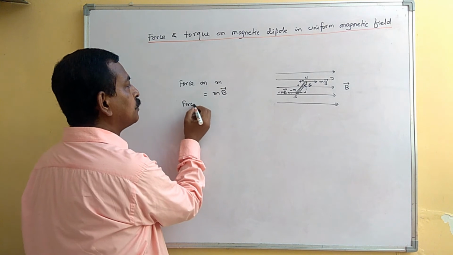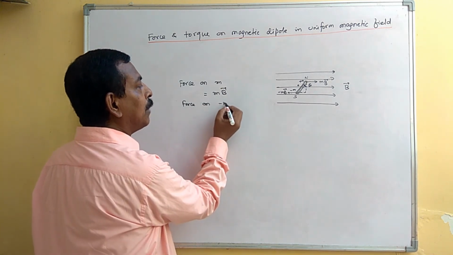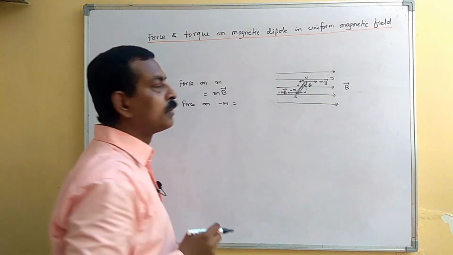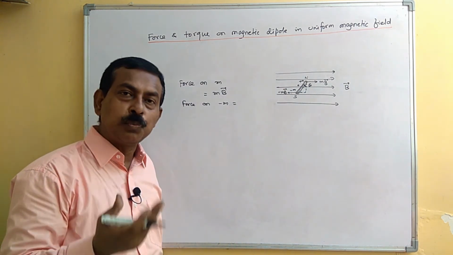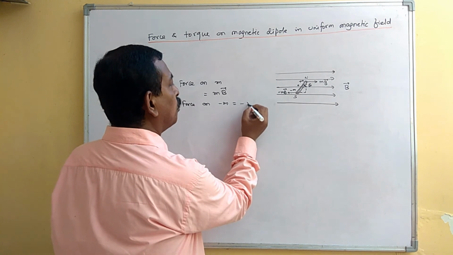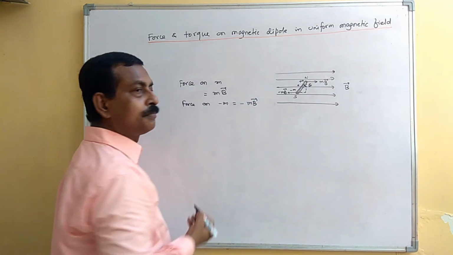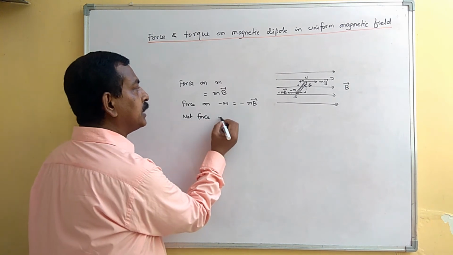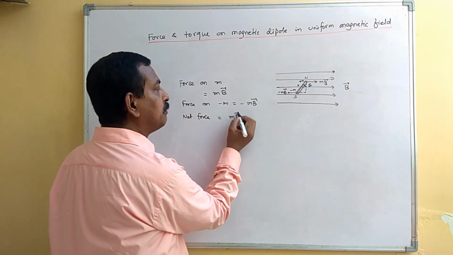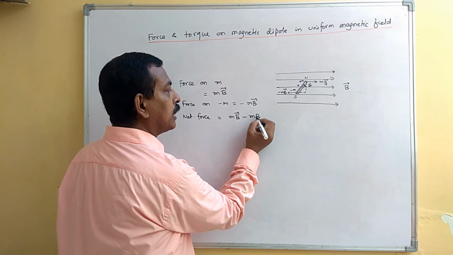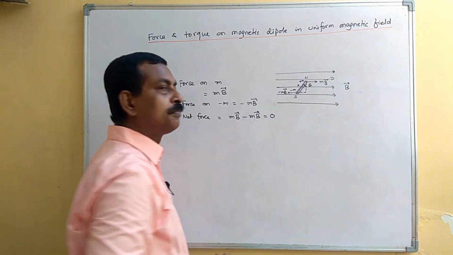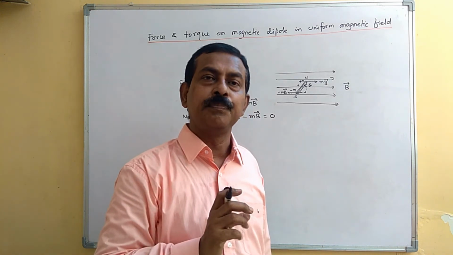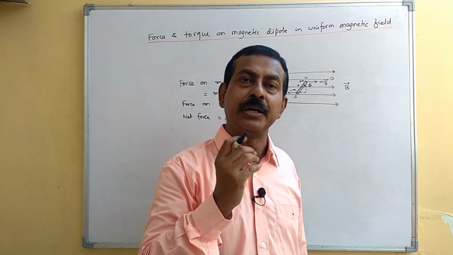And force on minus m, that is the negative pole or south pole there, that will be equal to minus mB vector. So the net force will be equal to mB vector minus mB. This is 0. So the net force on a magnetic dipole in uniform magnetic field is 0.